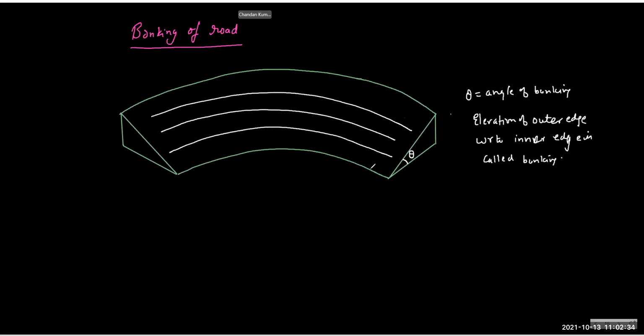I only draw the cross-sectional view of the road, I'm not drawing the entire track, but I hope you have realized what this track is all about. What I'm showing you is the cross-sectional view of the track. I hope the picture is clear.